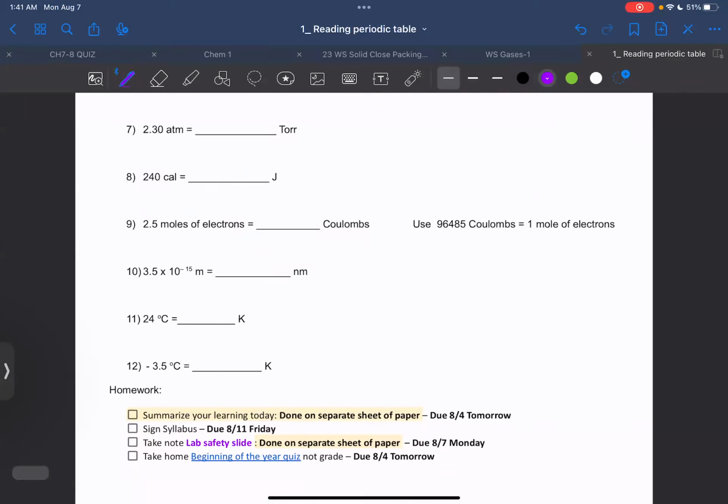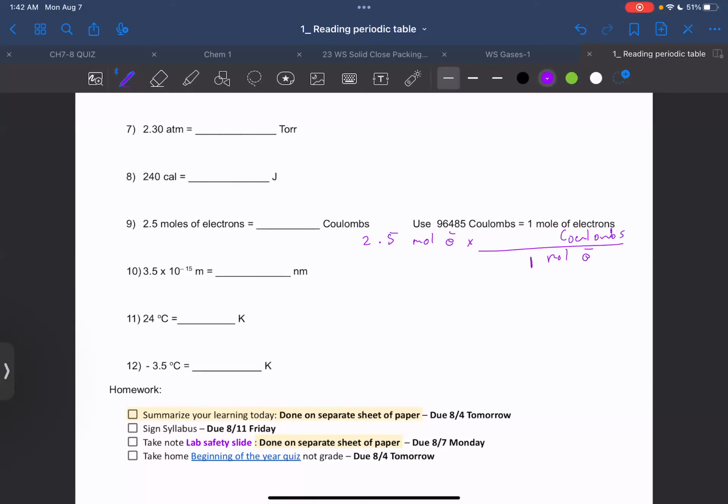Okay, so moles of electrons, 1 coulomb. You will see that I give you an equation for you to use. So we're going to use that equation here. We're going to start with this 2.5 mole electron. Now remember, we don't want that, so that goes on the bottom, and what we want on the top is coulomb.